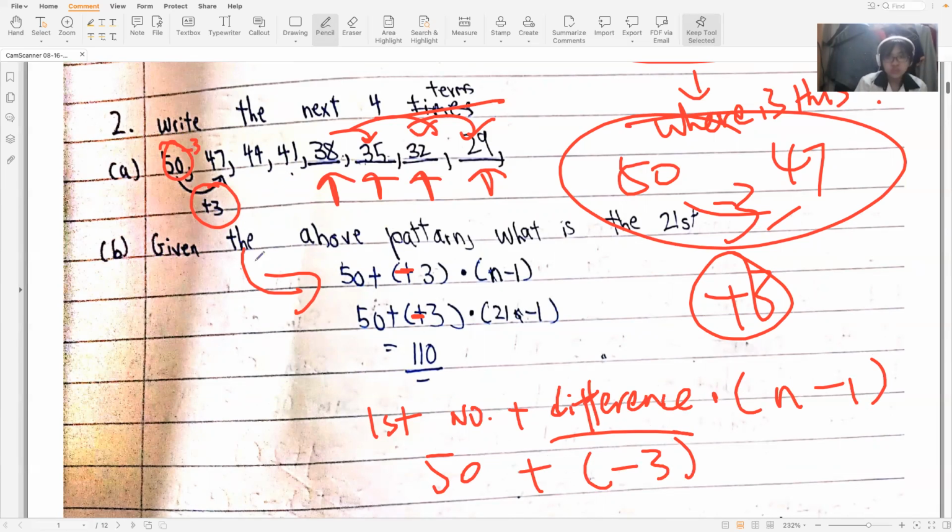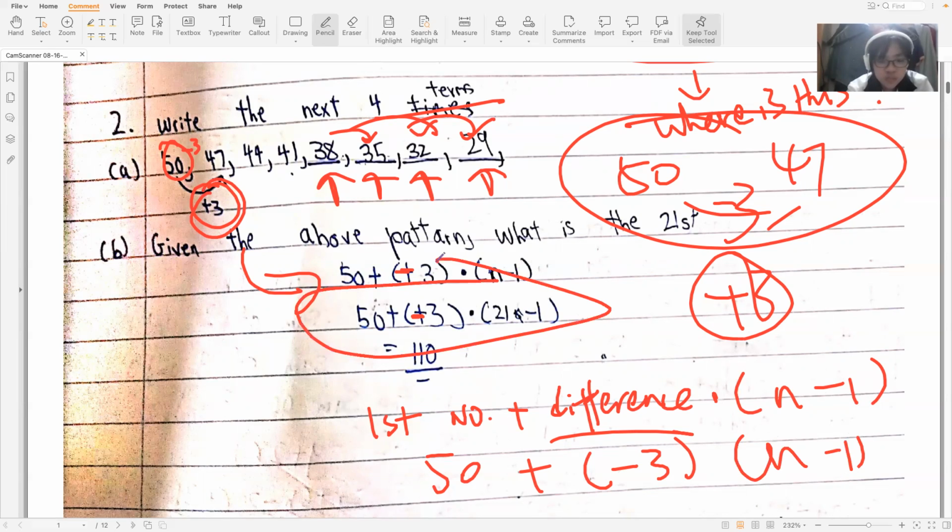And just because you have written plus 3, I don't know why. There is no way you write plus 3. That's the reason why you get the answer wrong. Once you get this, you just punch the calculator and the calculator is supposed to give you the answer. I'm telling you, you have to do every step right. Then only you'll be right.